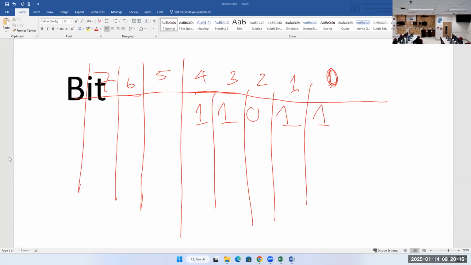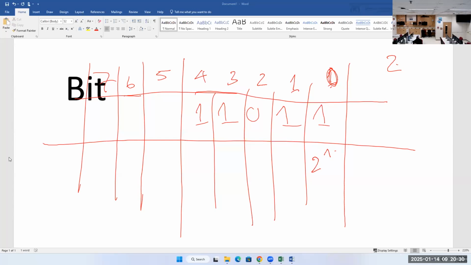For each column, you have a specific value. When you work with binary, the base is number 2. So the value of the columns is 2 raised to the power 0, 2 raised to the power 1, 2 to the power 2, 3, 4, 5, 6, and 2 raised to the power 7.